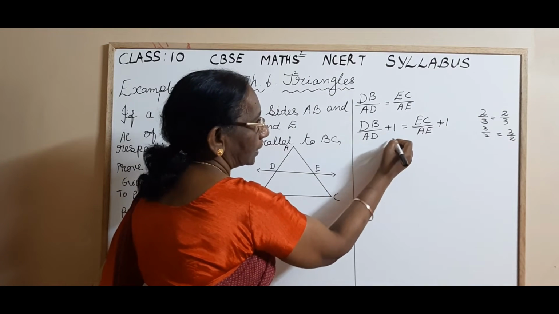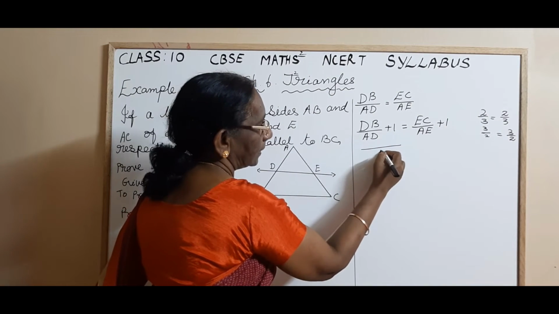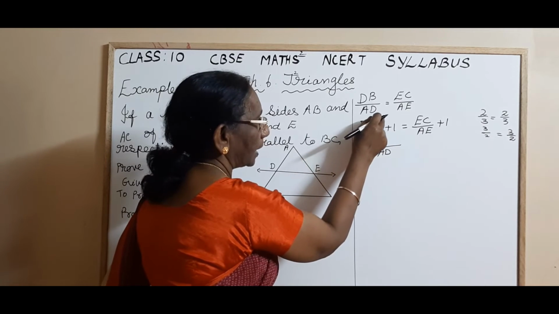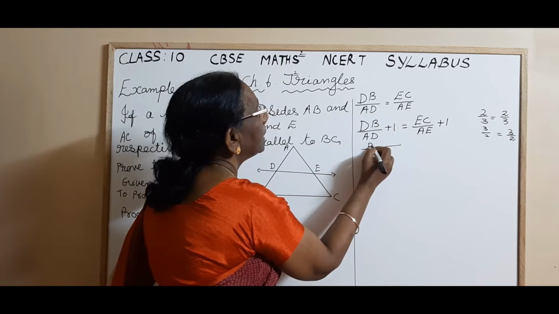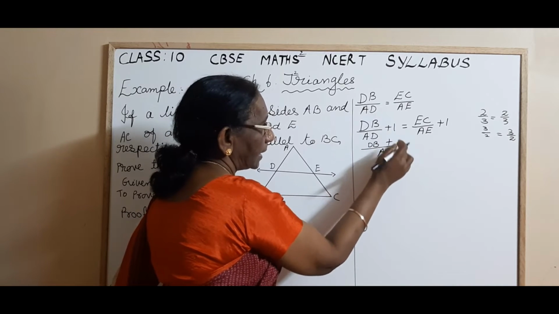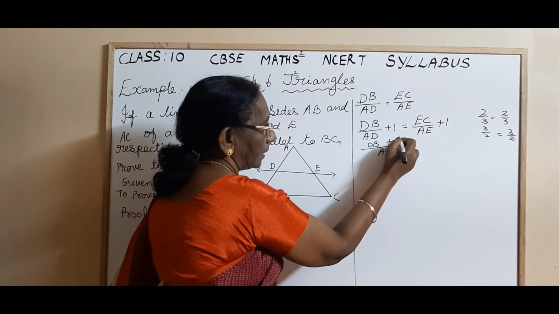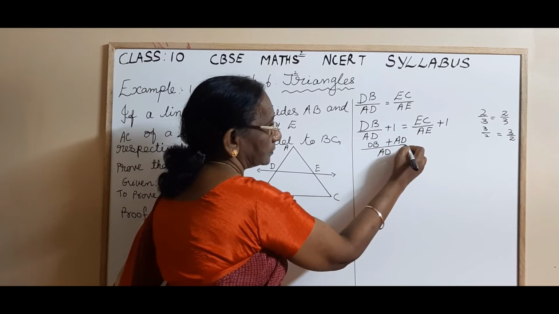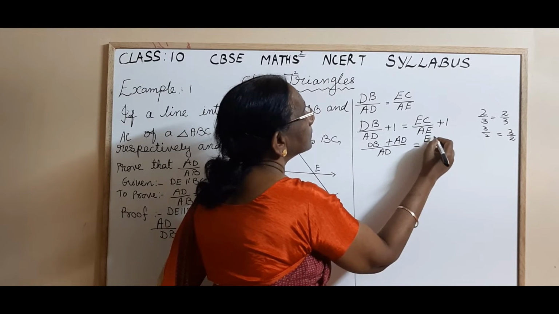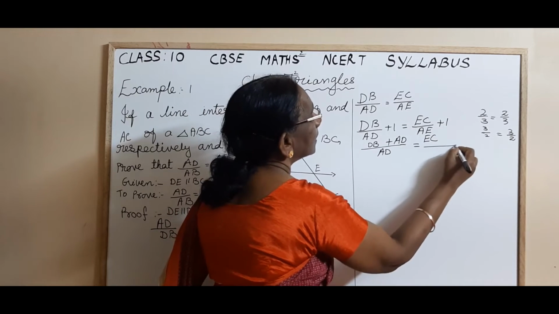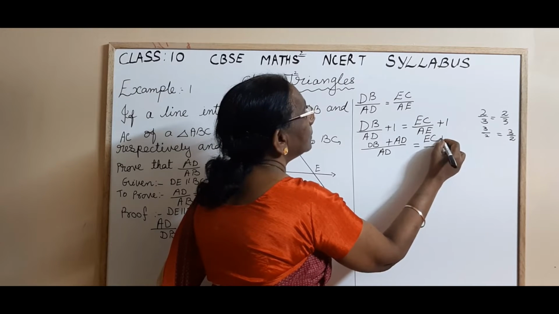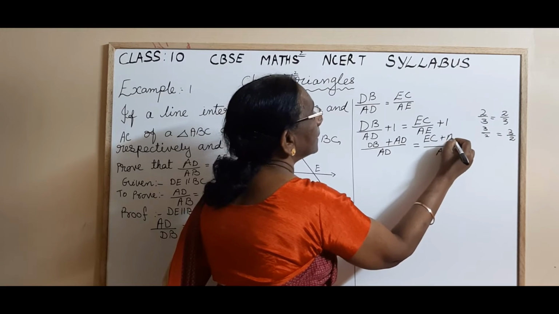This is 1 by 1. So LCM is AD. So here we have AD as the denominator. So you can write this DB as it is, plus, and here AD will come, is equal to, the same way, EC. AE is the common denominator. So EC plus AE.